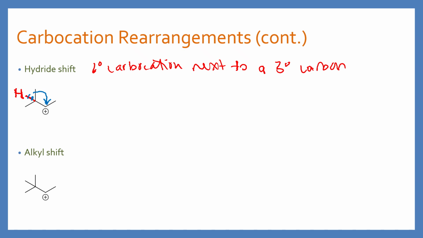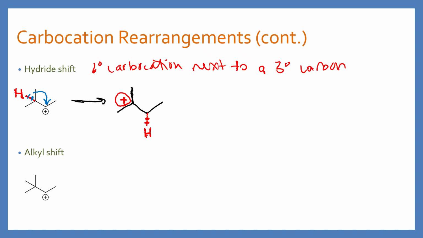And what this does for us is to relocate the carbocation to the more substituted carbon. Now, the way that we did that is we took this hydrogen and its 2 electrons and put it on the carbocation carbon.